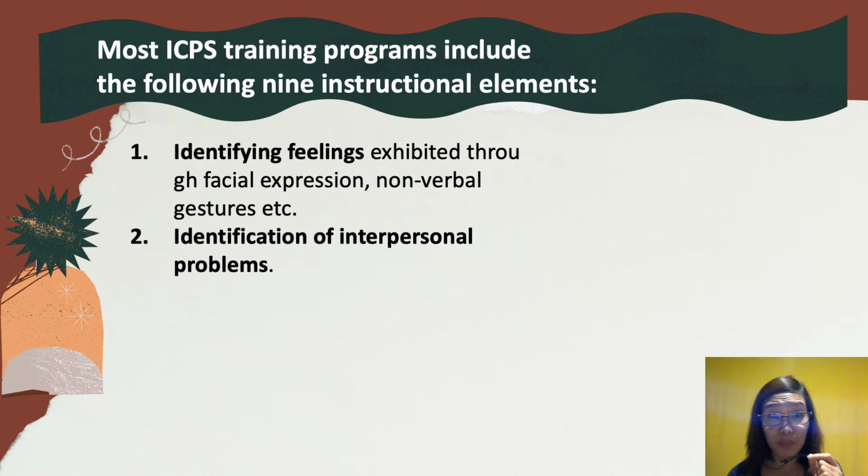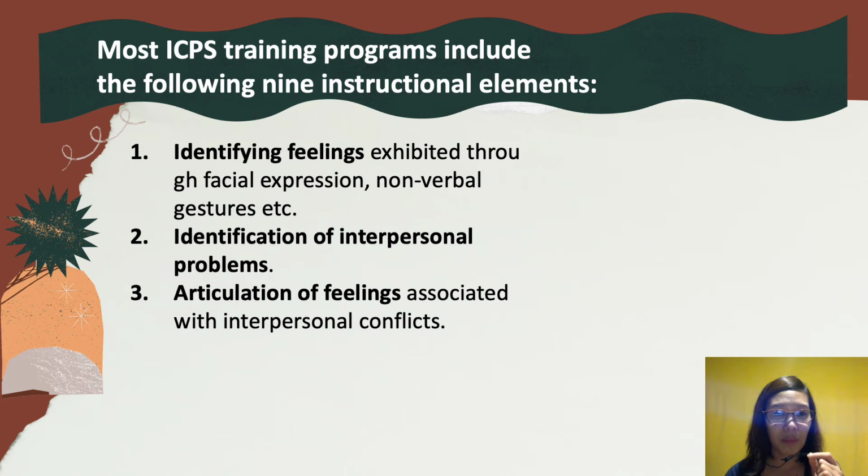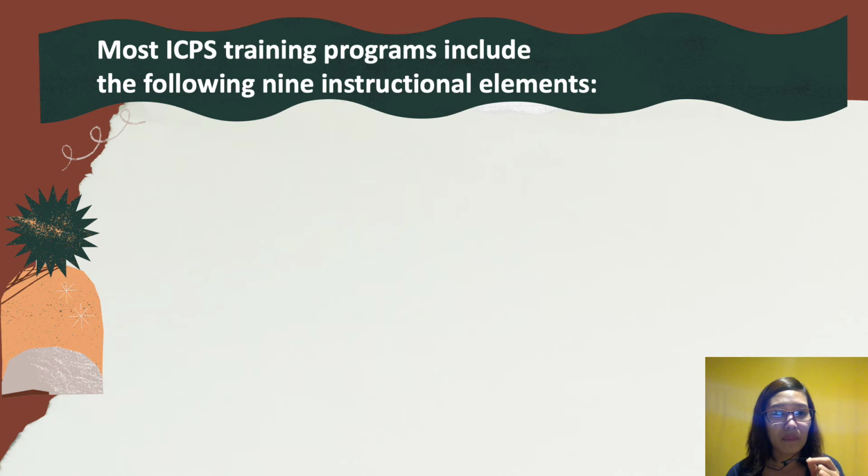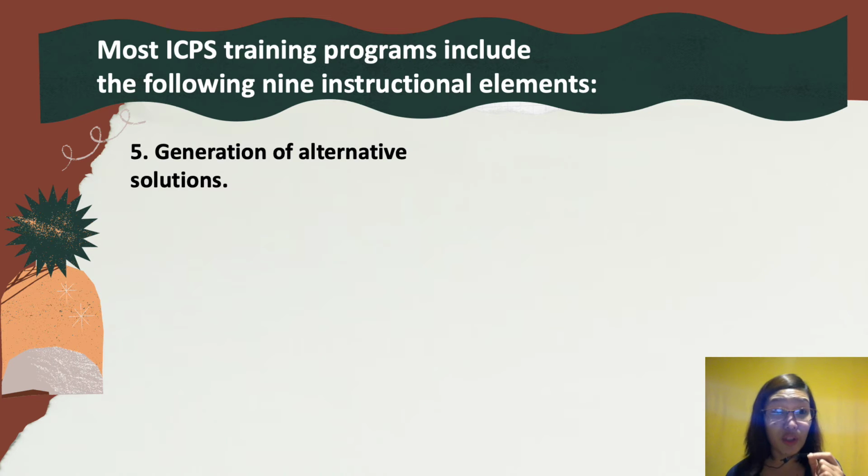Identification of interpersonal problems, articulation of feelings associated with interpersonal conflicts. So it's good if a student will be able to say or express his or her feelings. Determination of appropriate goals for problem solution. Six, generation of alternative solutions.